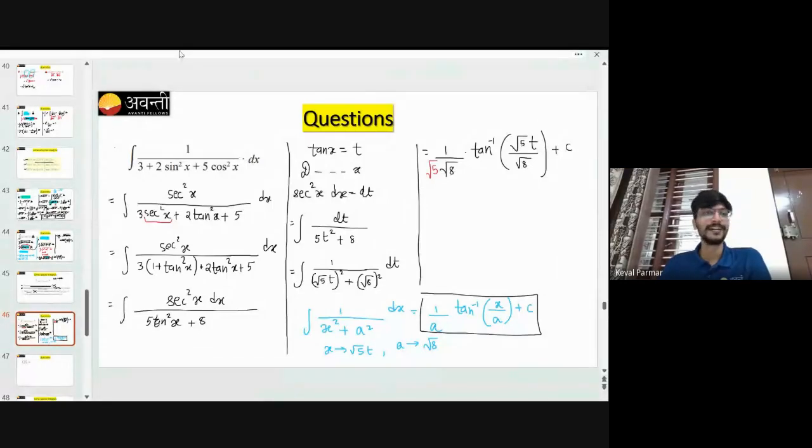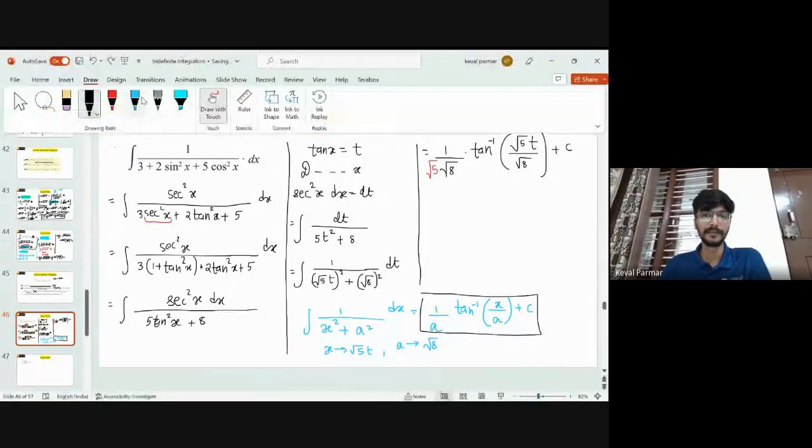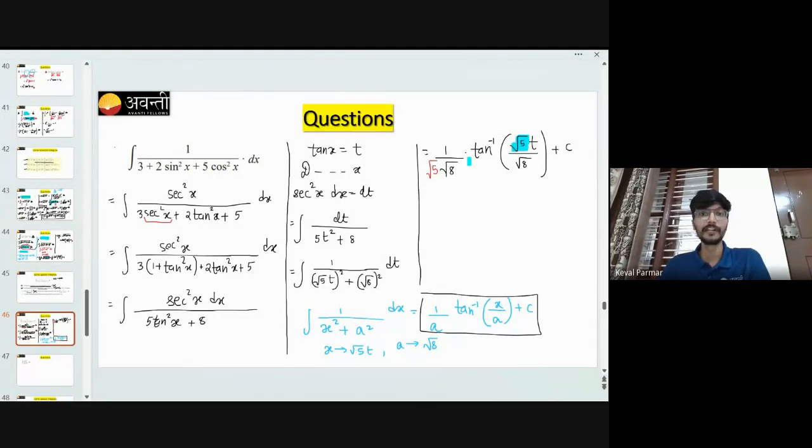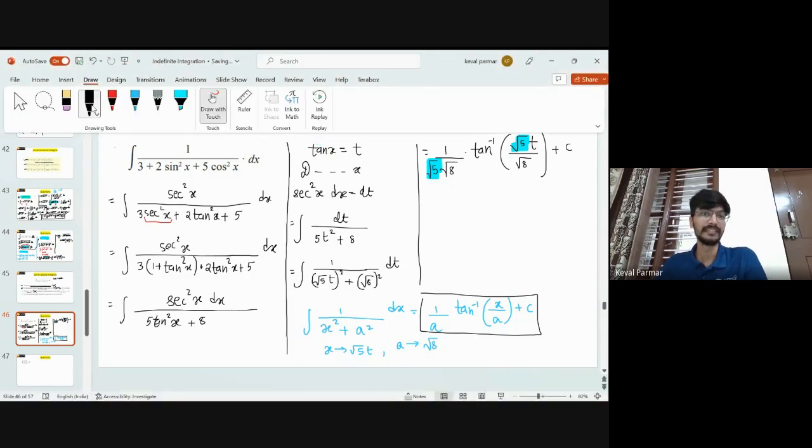Okay, no issues. If you remember, we divide by the coefficient of x whenever there is a linear term.